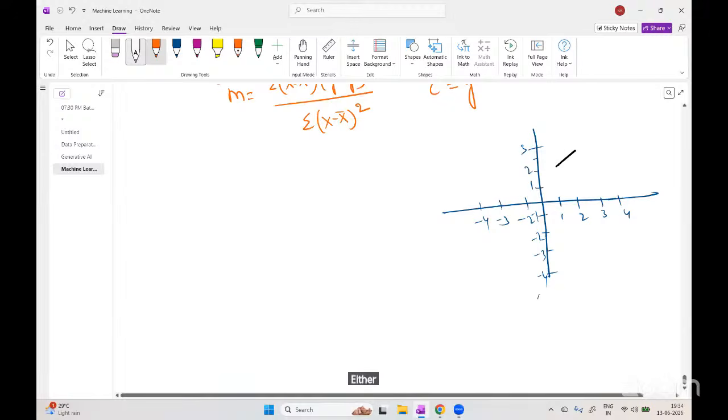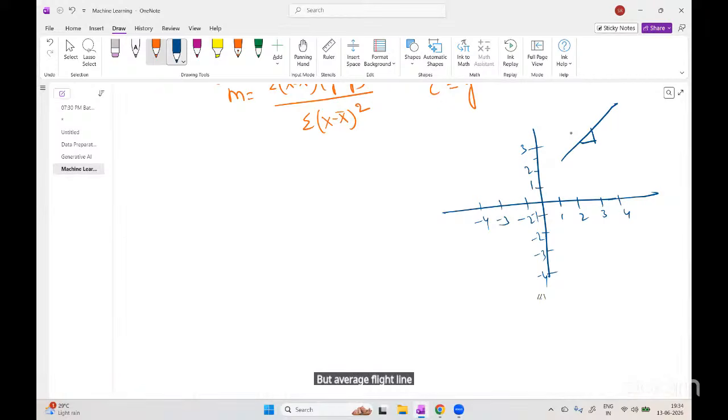Either this one, or this one, or this one. For every straight line, the slope will be there. This is called the slope. Is this slope high or this slope high?